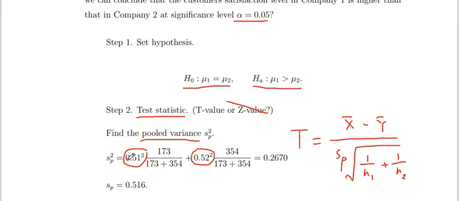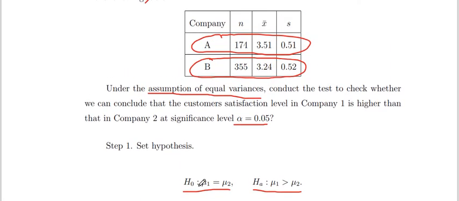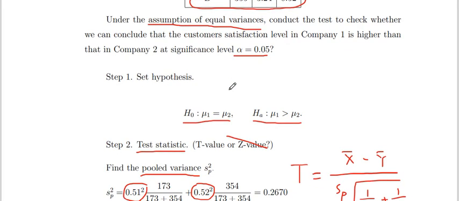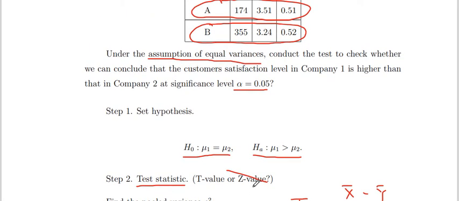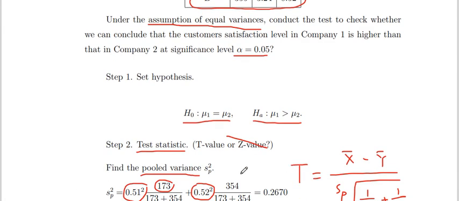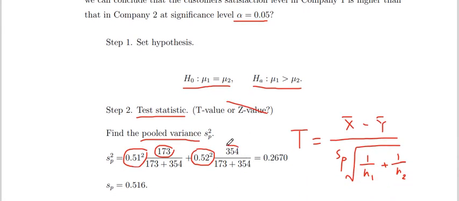The 0.51 is from company A, with sample size 174, so degree of freedom 173, so 173 is the weight. For 0.52 squared, the sample size is 355, so the weight is 354.